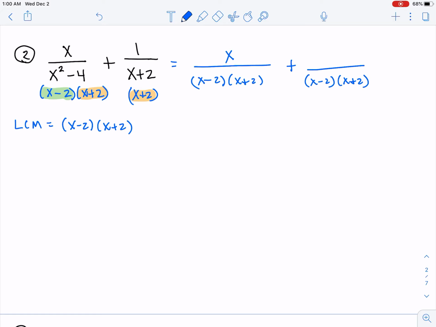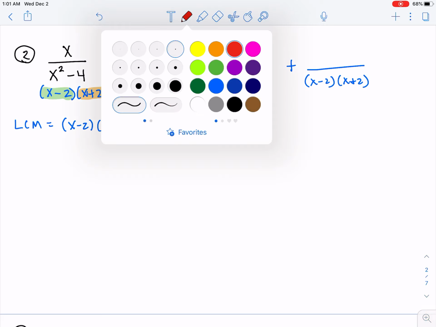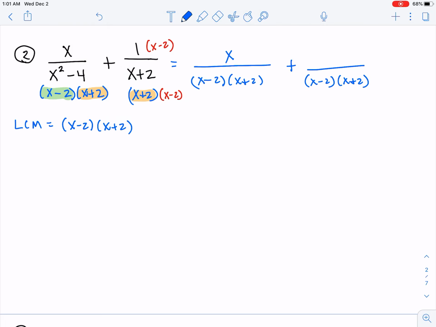Well, what does it need? It needs the x minus 2. So I'm going to multiply by x minus 2 on top and bottom because that's like multiplying by 1. So I have plus 1 times x minus 2. All right. I'm going to put it all over the same denominator.